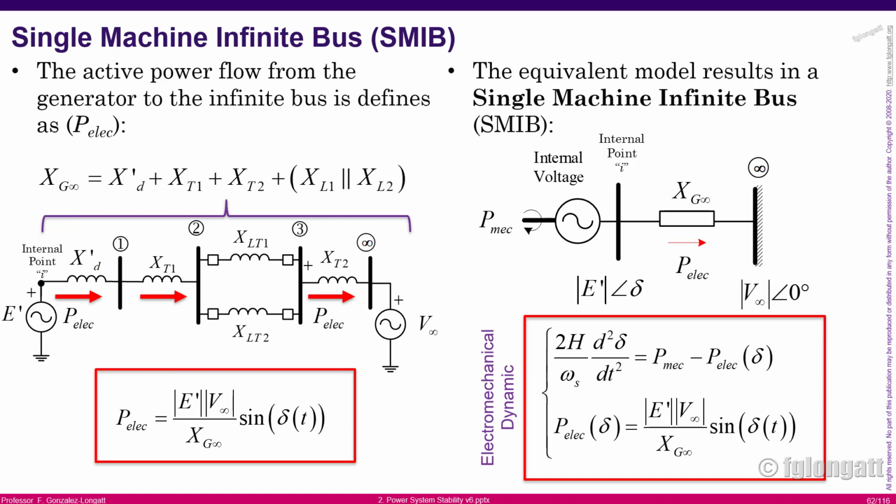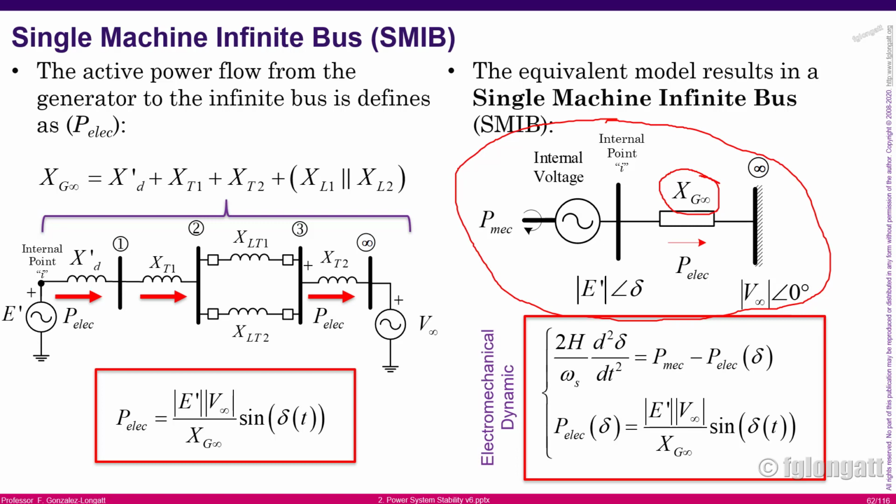Taking that into account, we can simplify the problem by saying, well, for any power system, at the end, I can define a simplified model that is an internal voltage connected to an infinity bus bar using an equivalent reactance, okay?